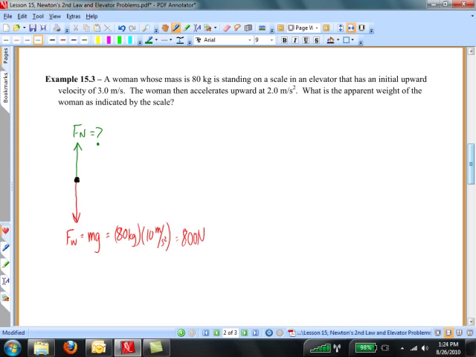This person is accelerating upward. I'm going to choose that as the positive direction. We're told the acceleration is upward at 2 meters per second squared, and so I'm going to indicate that in my diagram as well. Since up is my positive direction and my acceleration is upward, I'm going to write the number for the acceleration as a positive number when I get to Newton's second law.